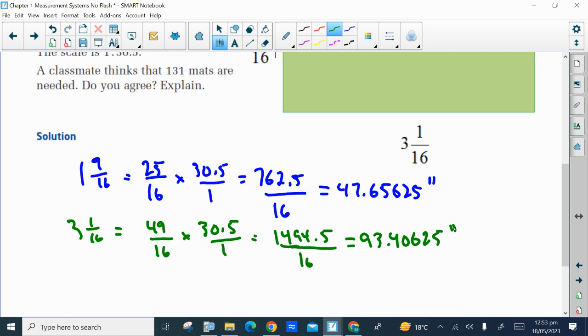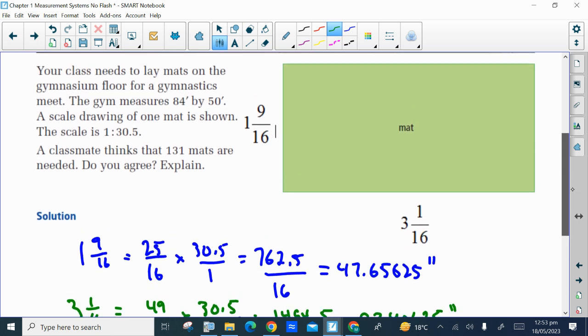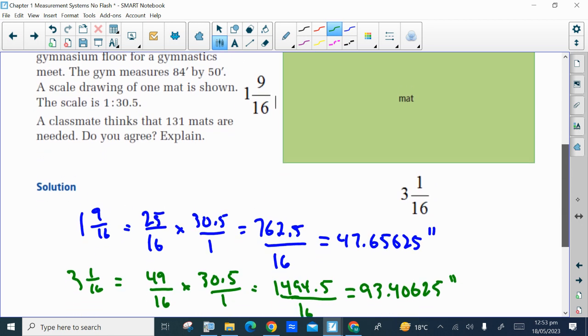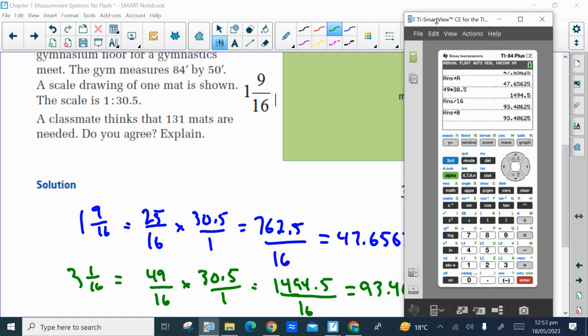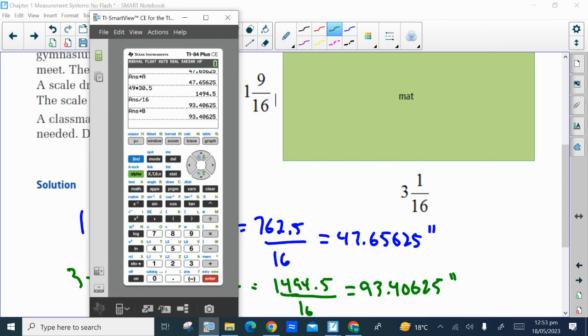Now, the dimensions of the floor are actually in feet. So we can either convert those dimensions into inches and do it that way, or we can convert the ones that we just found into feet and do it that way. So I'm going to choose to do that. I could have gone the other way as well, but I'm just going to take these dimensions that we just calculated and figure them out in feet by dividing by 12, because there's 12 inches in every foot.